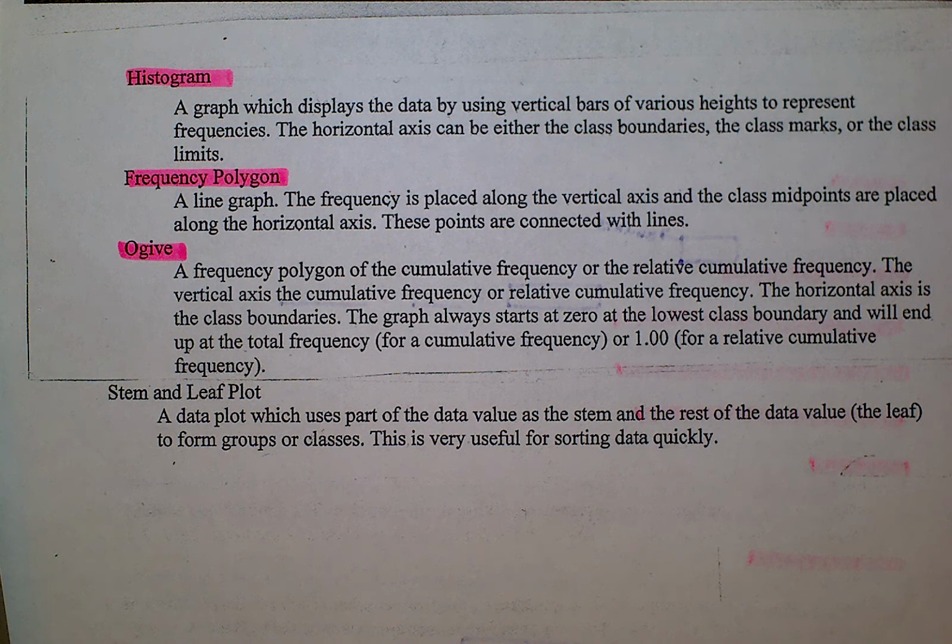The vertical axis is the cumulative frequency or relative cumulative frequency. The horizontal axis is the class boundaries. The graph always starts at 0 at the lowest class boundary and will end up at the total frequency for a cumulative frequency, or 1.0 for a relative cumulative frequency.